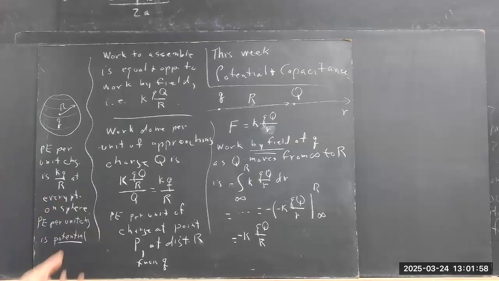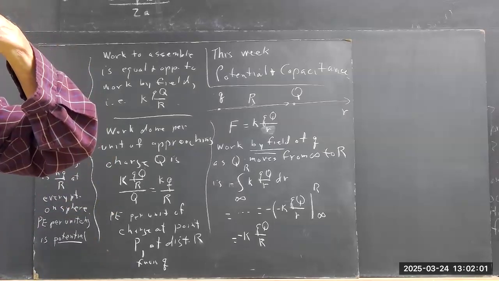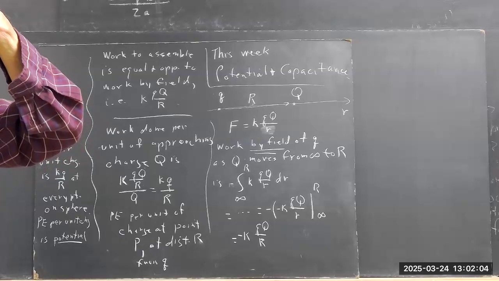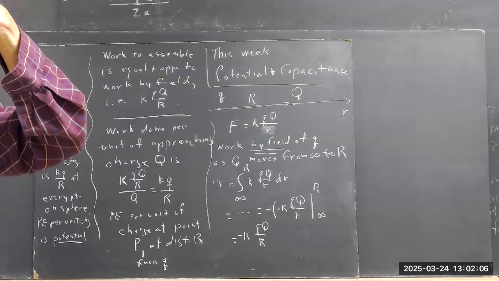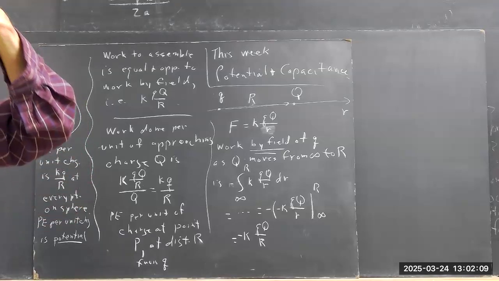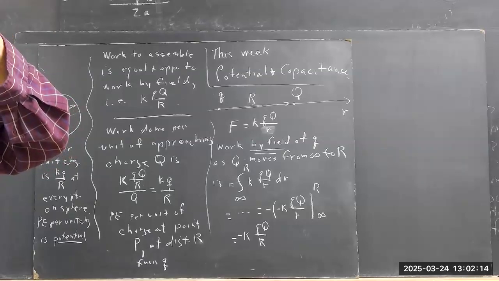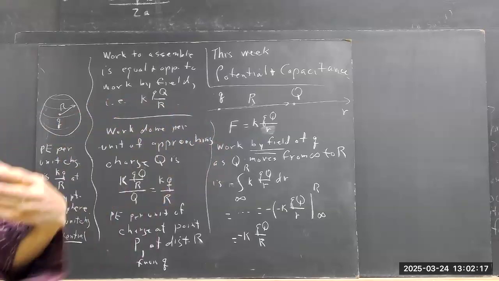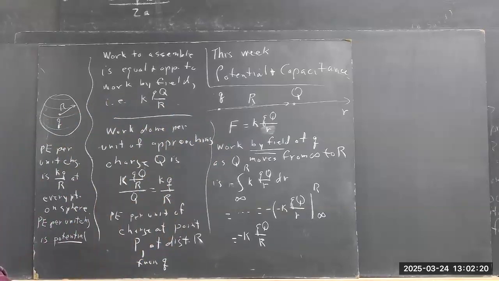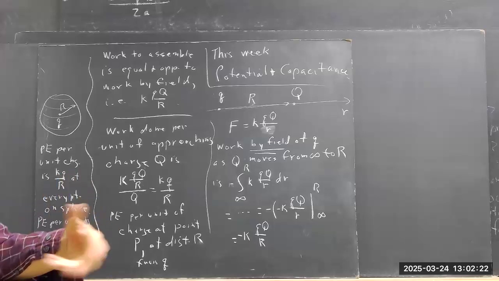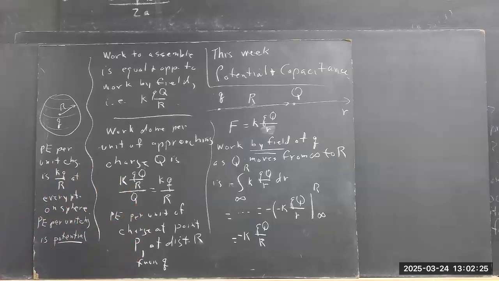If this isn't deeply embedded in your brain after having worked for a couple of months on the transition problems, you're missing something important. That's a volt. And if that doesn't ring a bell as soon as you hear a joule per coulomb, then you need to work on your bells. Okay? Because you've got a test by a week from today. Okay, makes sense? That's potential.